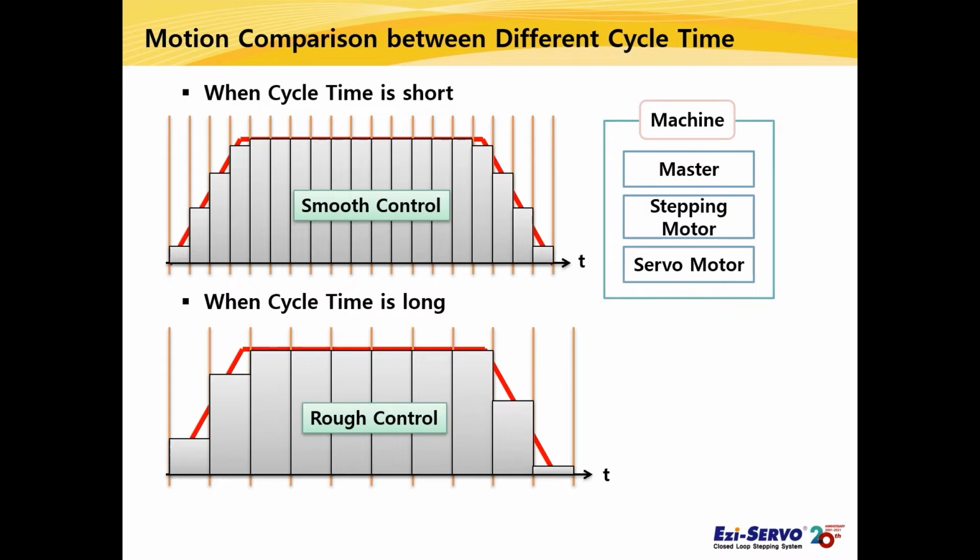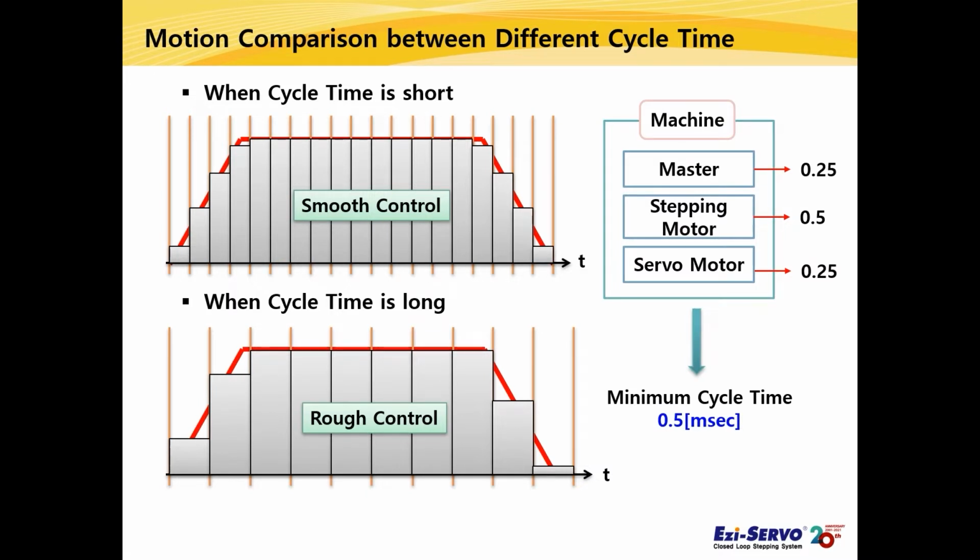In this case, the cycle time should be used in accordance with the longer one. For example, even if the minimum cycle time of the master and the servo drive is 0.25 milliseconds, if the cycle time of the step drive is 0.5 milliseconds, the minimum cycle time should be 0.5 milliseconds.